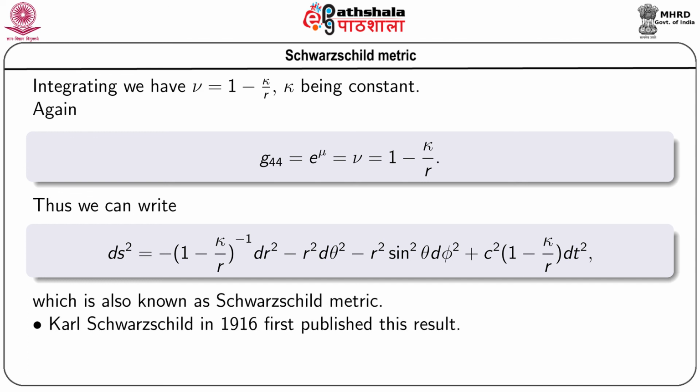So, this metric is known as Schwarzschild metric, which was given by Karl Schwarzschild in 1916, and the space time in general theory of relativity is called Schwarzschild space time.